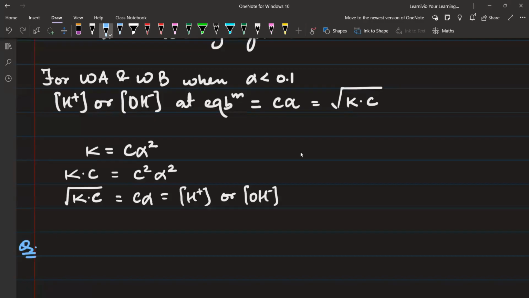For this, write a question. Concentration of NH4OH is given to be 0.1 molar, and the Kb for this reaction is equal to 1.8 into 10 to the power minus 5.